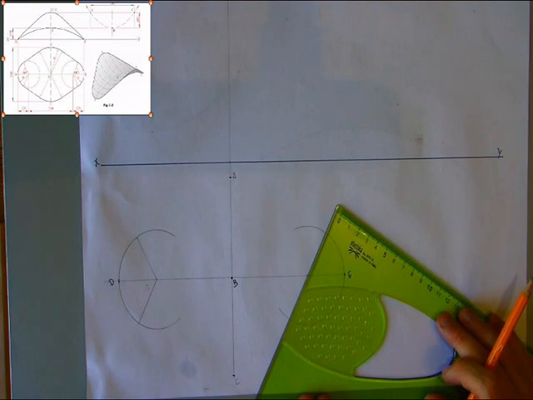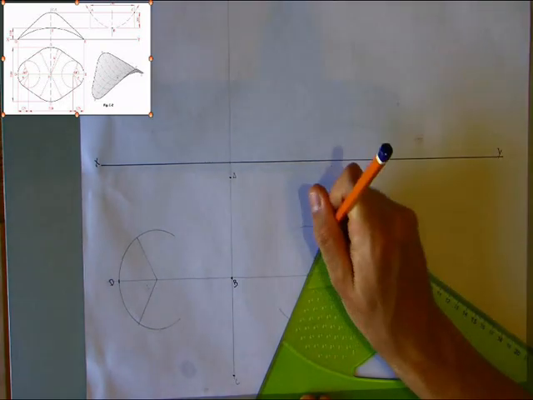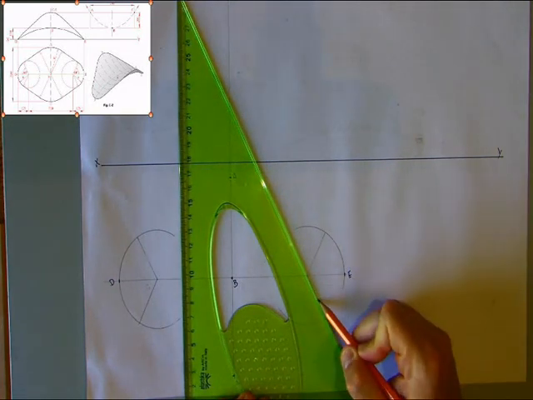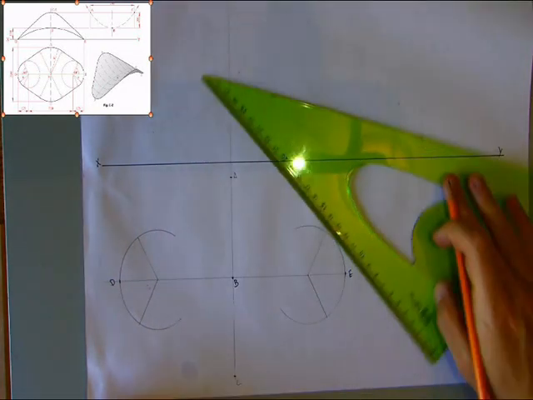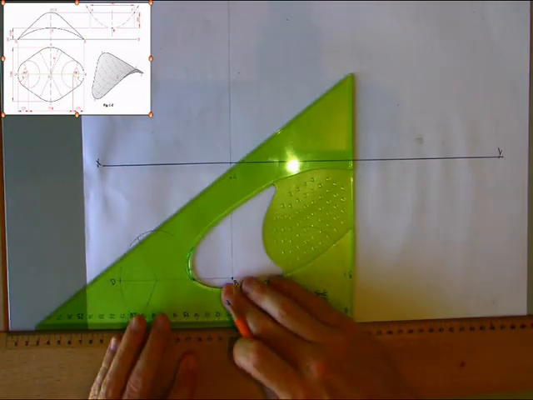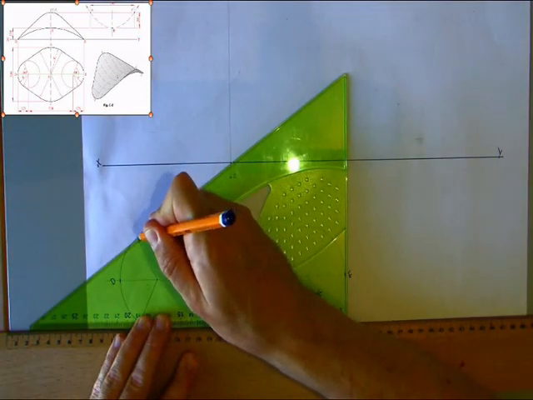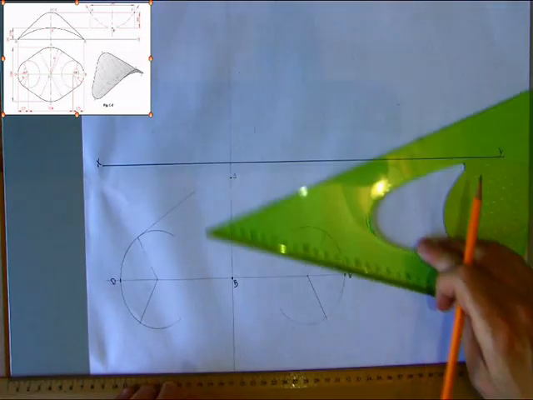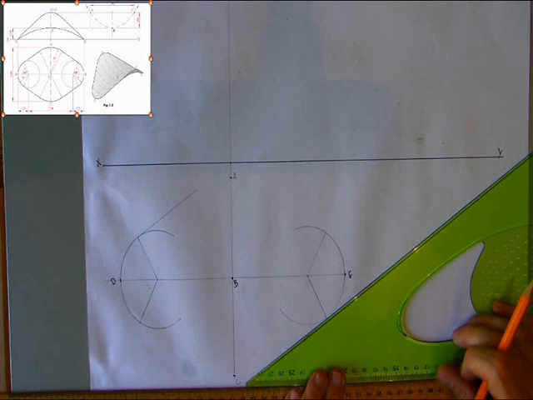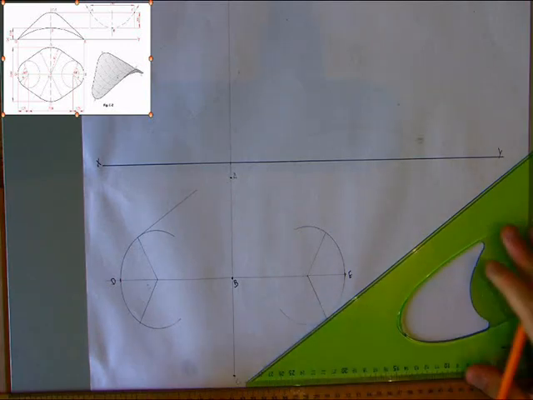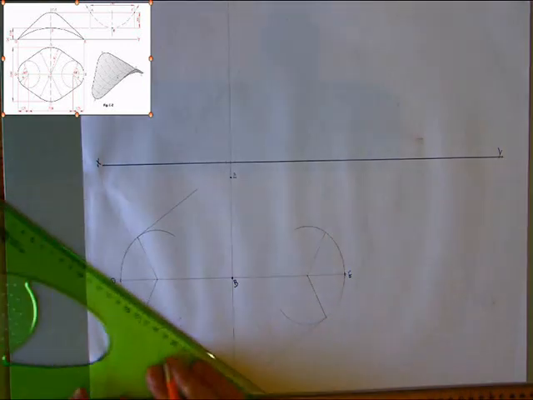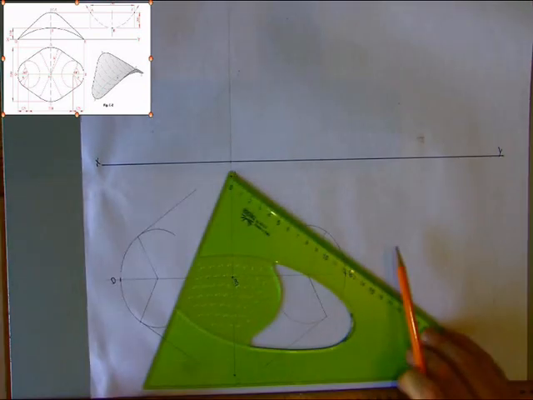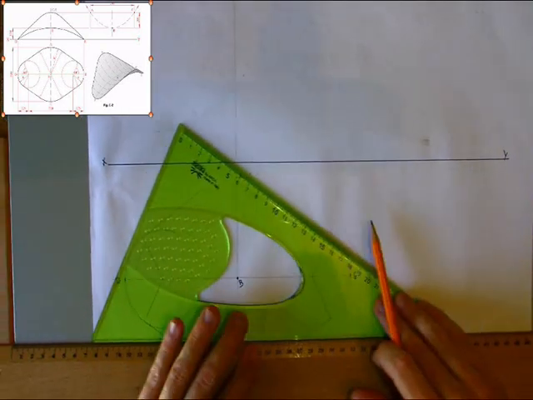Doing it on the opposite side, we go 60 degrees. Tangency point there. Tangency point there. Now, we take our 30 degrees from that tangency point and draw it in, in both directions. Again, not too difficult at this stage, just following the drawing as it's given to us.